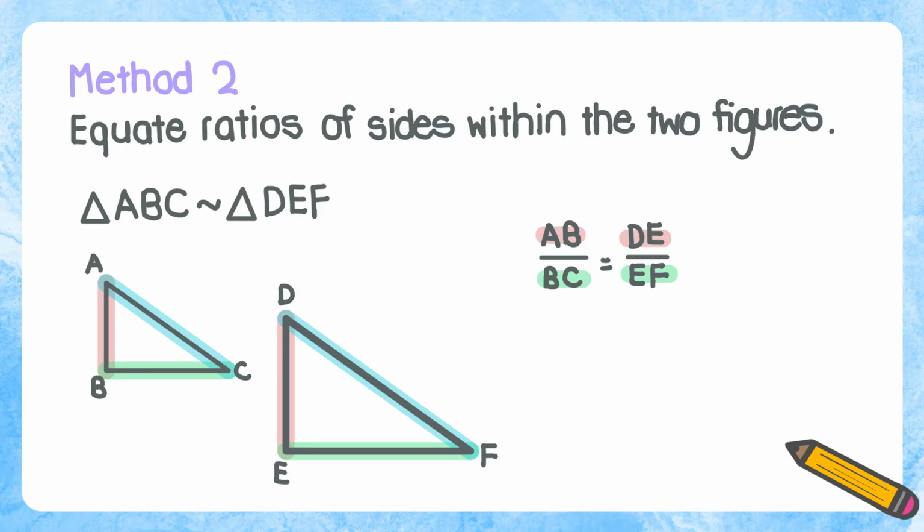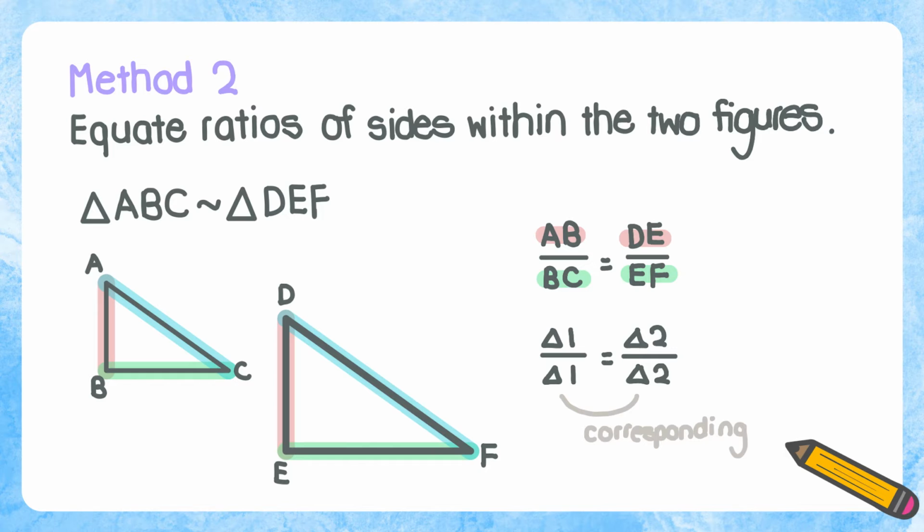On the left side, we have side AB over side BC. Notice how these two sides are both from triangle ABC. On the right side, we have the side DE over the side EF. These two sides are sides from the second triangle, triangle DEF.